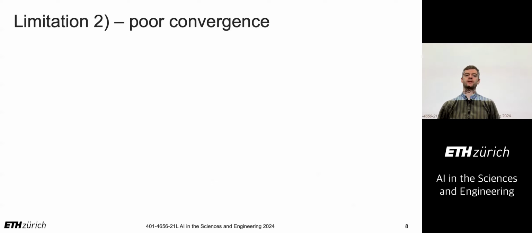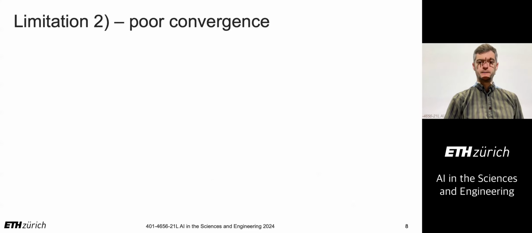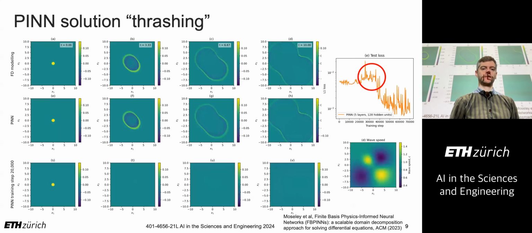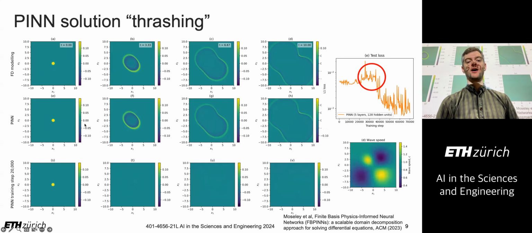Okay, so let's talk about this second limitation, the poor convergence of physics-informed neural networks. This is a slide that I showed last lecture when I was giving you the high-level description of these limitations. Let me tell you what is happening here again. In this experiment I trained a PINN to solve the wave equation, simulating a seismic wave starting at a point source and exploding outwards. After training, the PINN is able to model the solution, which is good.